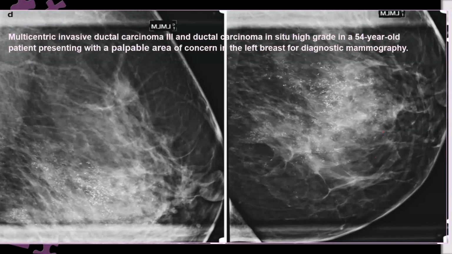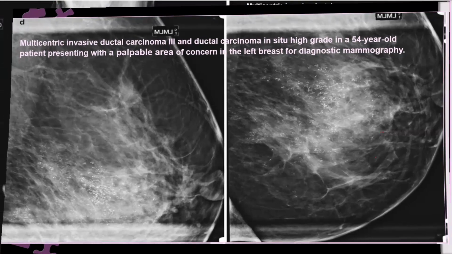So this lady having a palpable abnormality, and she has multi-centric invasive high-grade ductal carcinoma and ductal carcinoma in situ. Invasive and DCIS, both. Okay?